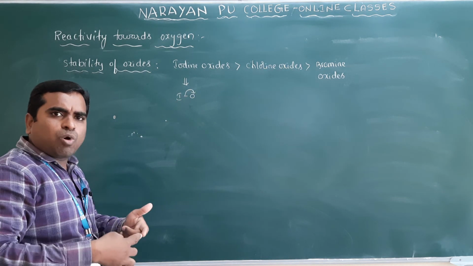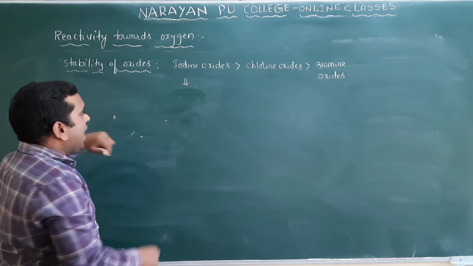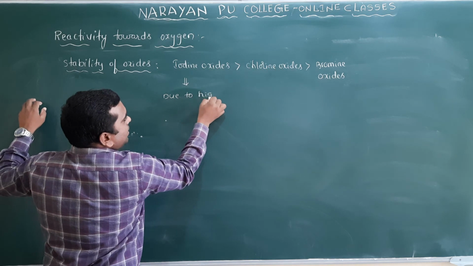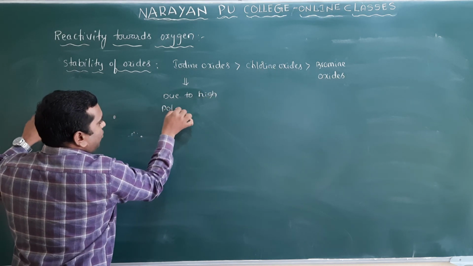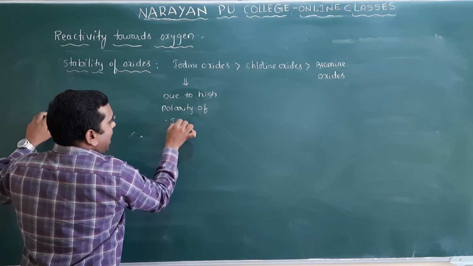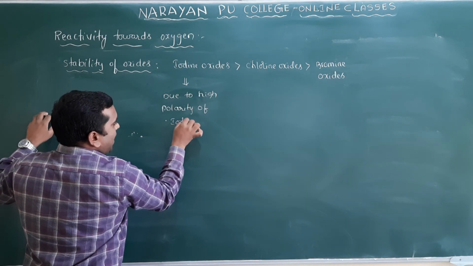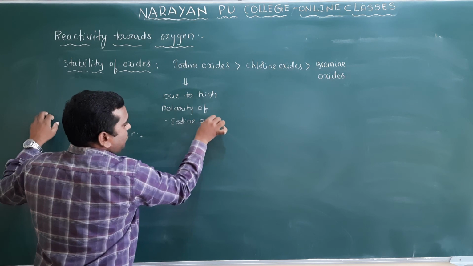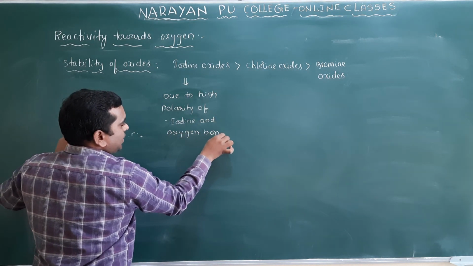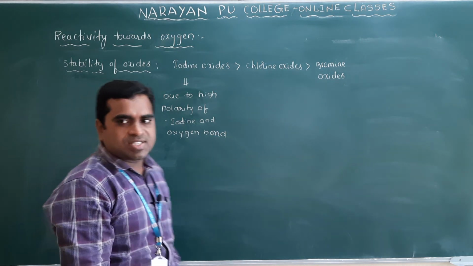If it is highly polar, it is most stable. That is due to the high polarity of the iodine-oxygen bond, and this is why iodine oxides are most stable.